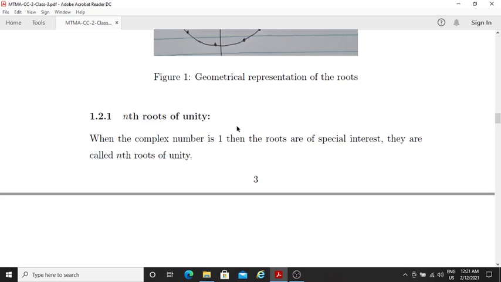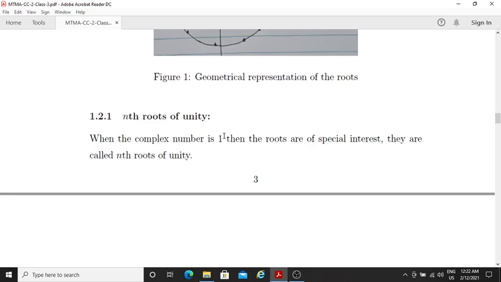So 1 is such a number that if you multiply it to any real or complex number, you get back that number. So 1 has this property, and that is why 1 is called the unity. That is why 1 plays a very important role in the algebraic structure of complex numbers as well as real numbers.